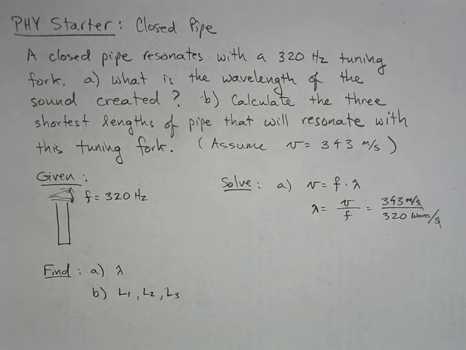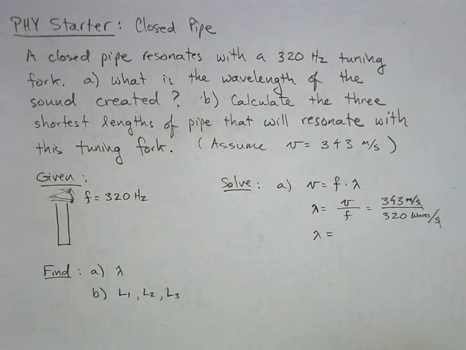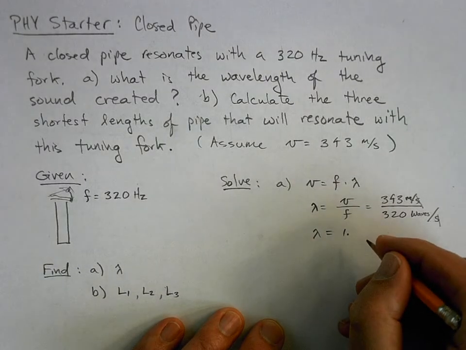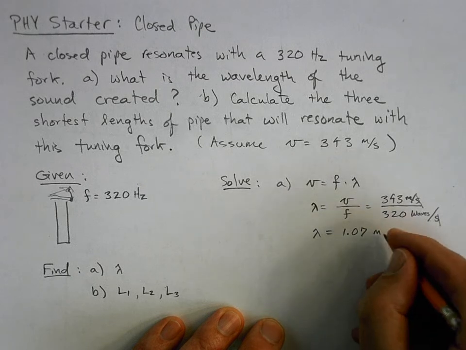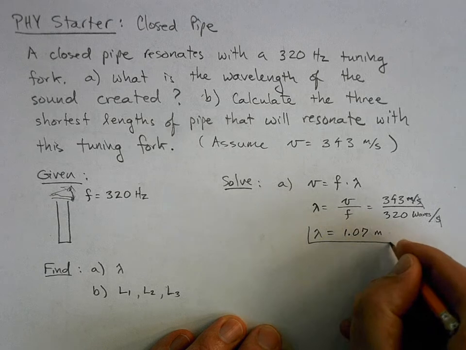It's not one of our basic fundamental units, but it's an idea we can think about. And so what do you get when you divide 343 by 320? I think it's 1.07? Yep. Meters per wave. We'll just leave it as meters.